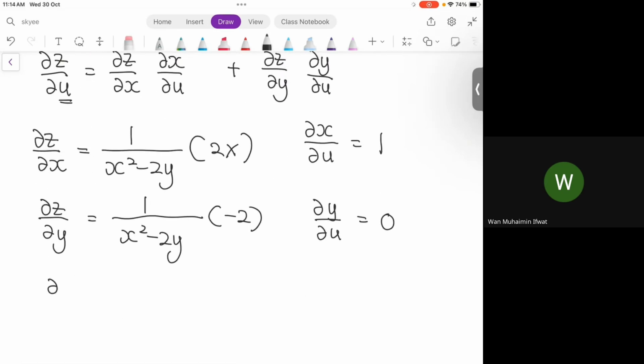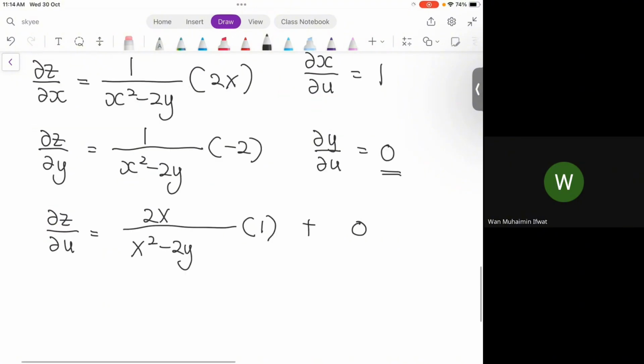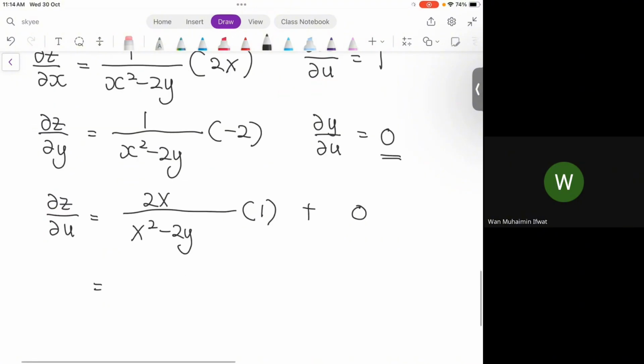Now put them back into your main chain rule function. It will be 2x over x squared minus 2y, multiplied by 1. As for the other term, because it is 0 over here, it will be 0, so I don't write it out. Here you can change all the x, y to the variables u and v.